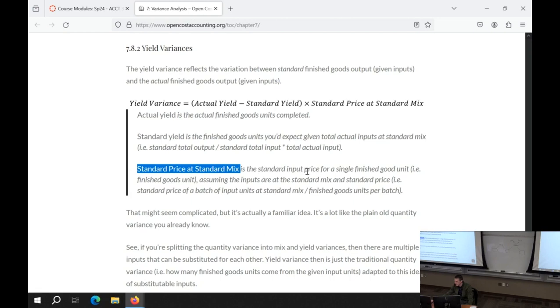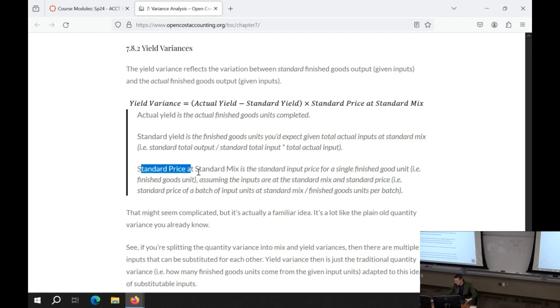What we're saying is, given a single finished goods unit, like one bag of trail mix, and assuming the inputs are all at the standard mix, so the standard amount of peanuts, the standard amount of M&Ms, standard amount of whatever other grainy fluff they put in there, all at the standard prices for those inputs, that's the price we would expect to pay for that bag's worth of inputs.